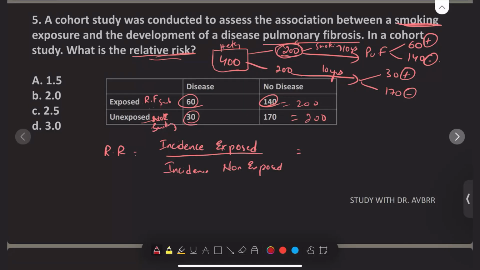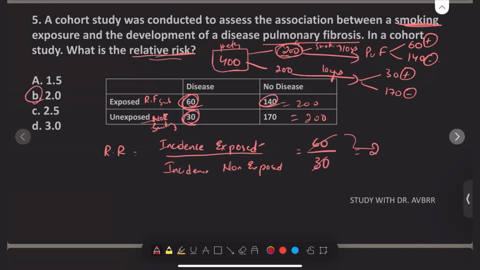Here in the formula, we are seeing how many diseased people were exposed to the risk factor. So 60, by incidence in the non-exposed. So how many people, even though they were not smoking, still got pulmonary fibrosis? They are 30. And you know the answer, it's 2. So the answer is B.